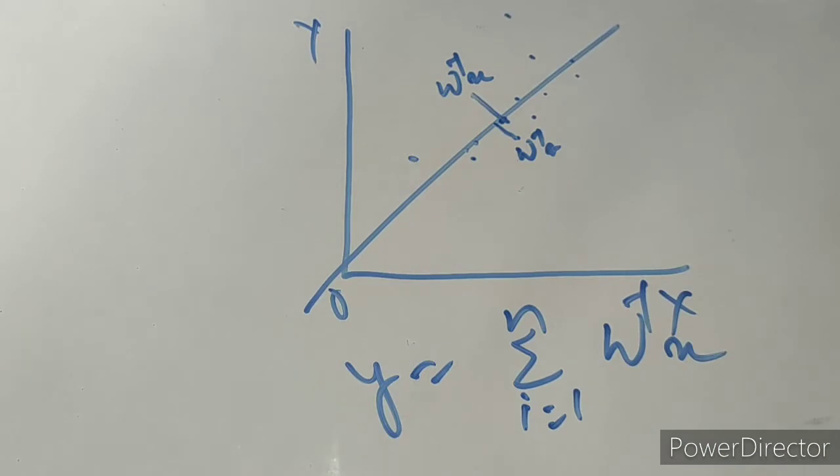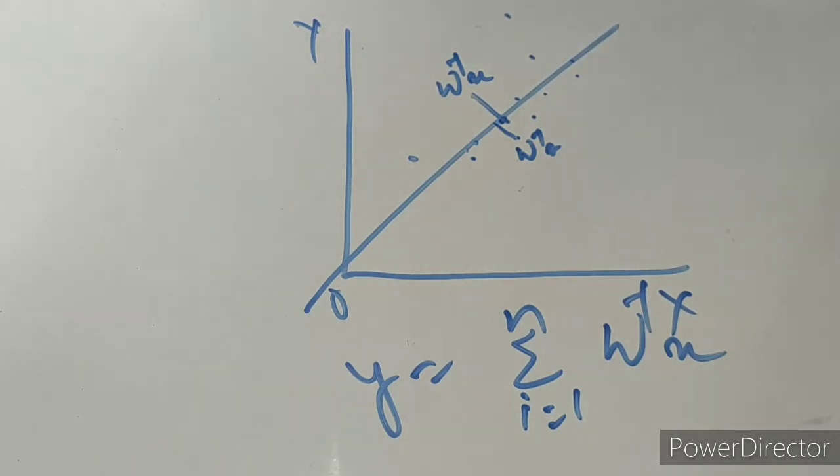So here what we need to understand is, for the points for which we found the distance, whether the point is classified correctly or incorrectly.